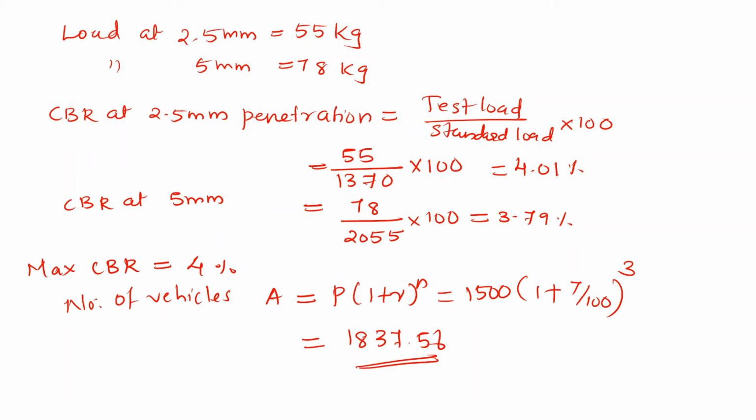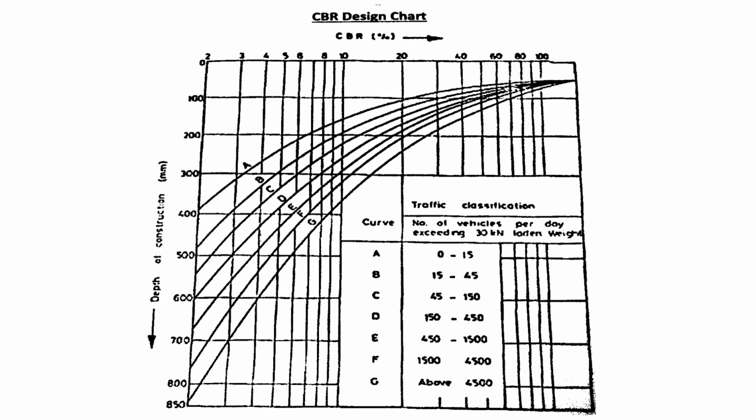For that, in the question they have given a chart, the CBR design chart. There they mention the depth of construction as well as CBR percent. Now our aim is to find which curve we need to select for this design. We already calculated our anticipated traffic as 1837.